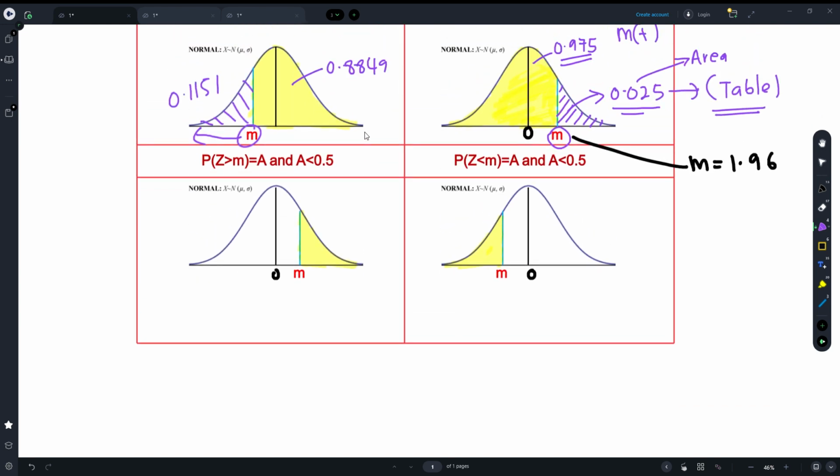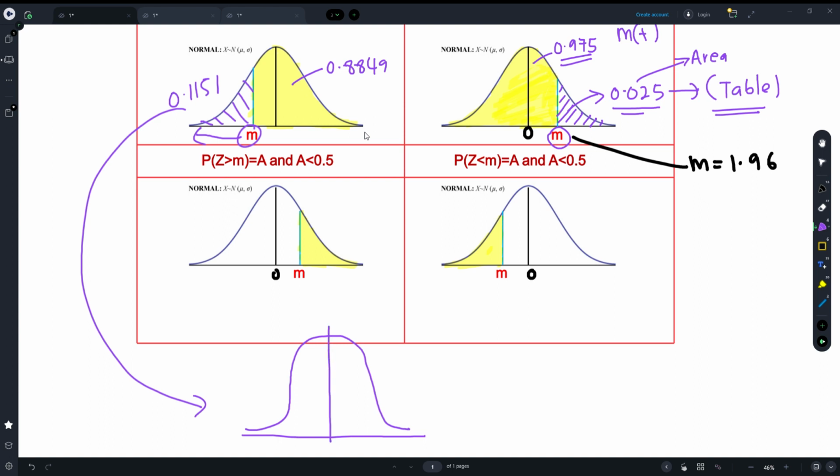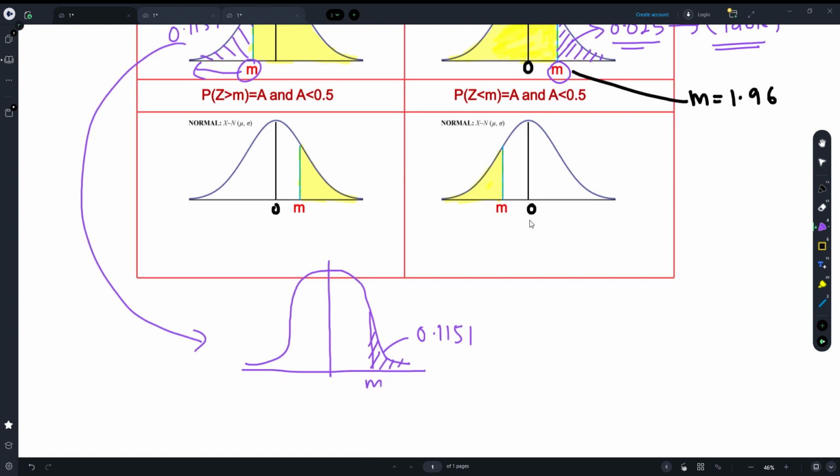So I need to further modify this distribution graph into a mirrored version. That means you reflect the graph onto the right hand side where you put the M here, and this small area will again be the same value, which is 0.1151. Please take note of that. Now I can use the table to get the M value.